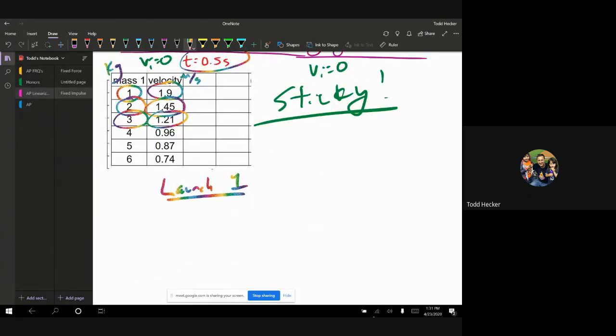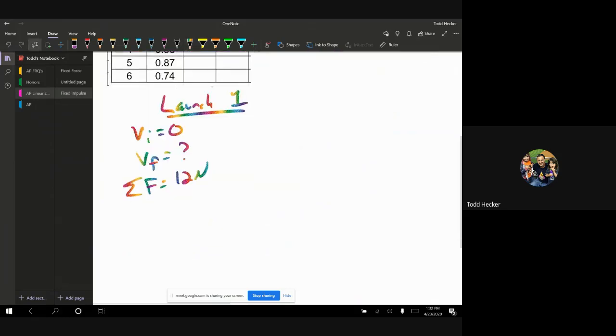Here's what we know about cart 1. It's got a starting velocity of 0, and it's going to get launched with some final launch velocity, under the effects of a net force of 12 newtons for 0.5 seconds. Well, this tells me my change in momentum.